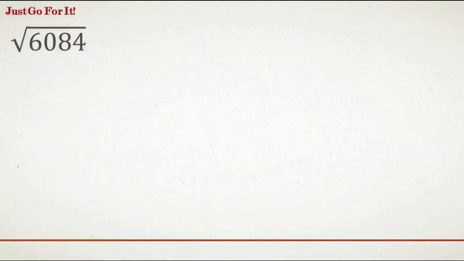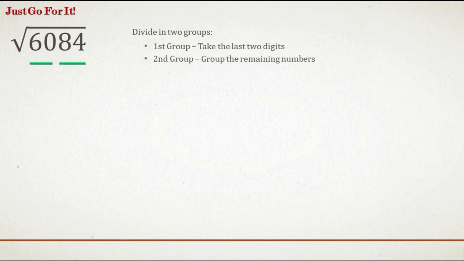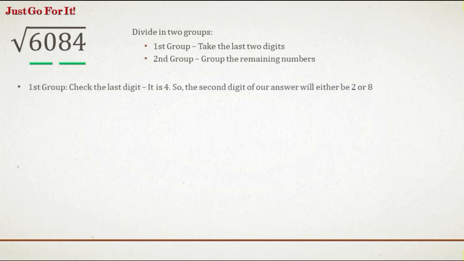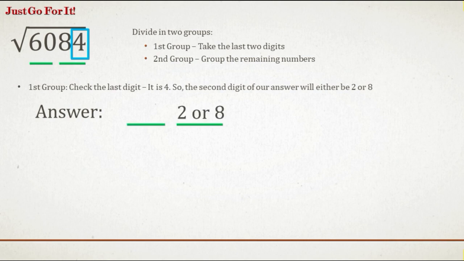Let's take another example. If we want to find square root of 6084, we'll first divide it into two groups, the last two digits and the remaining numbers. Now for the first group, we'll check the last digit, which is number 4. So the second digit of our answer will either be 2 or 8. Why?